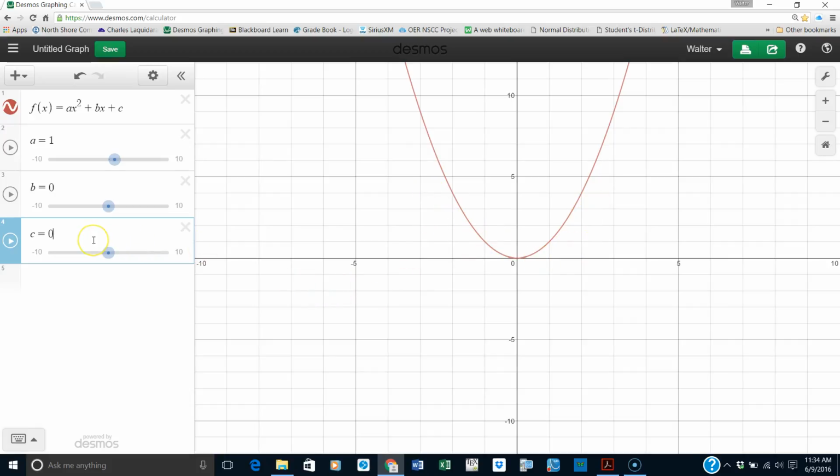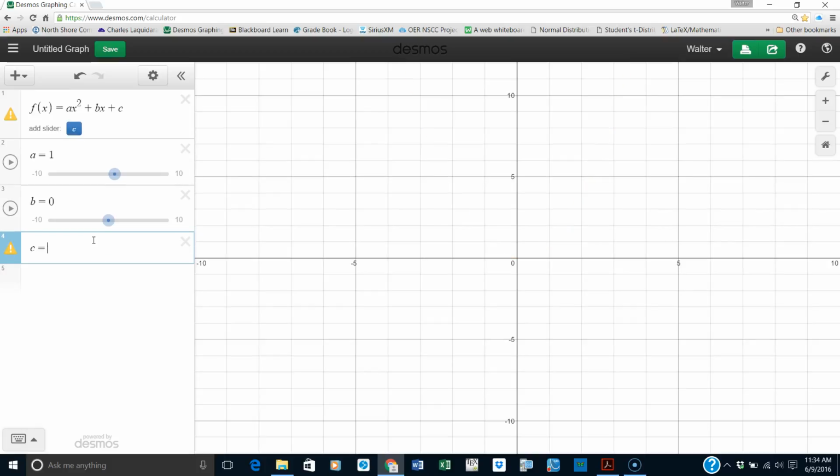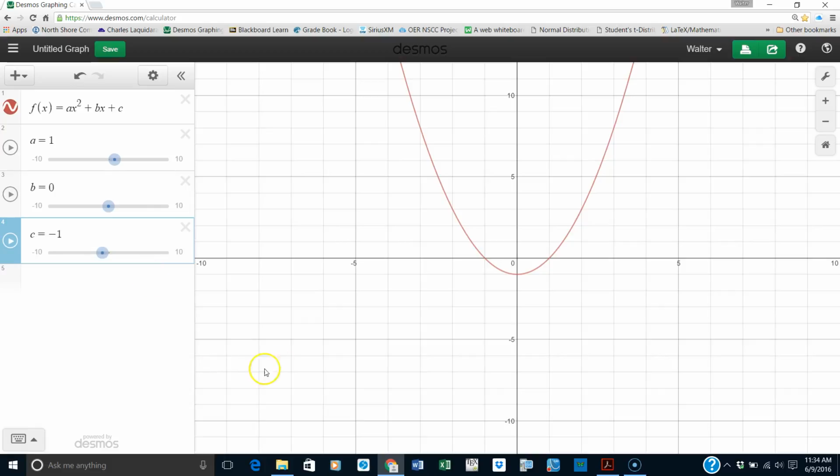If I change c to -1, we see that the graph faces upward, and we also have x-intercepts. So -1, 0 is an x-intercept, and 1, 0 is an x-intercept, and we have 0, -1 as a y-intercept.